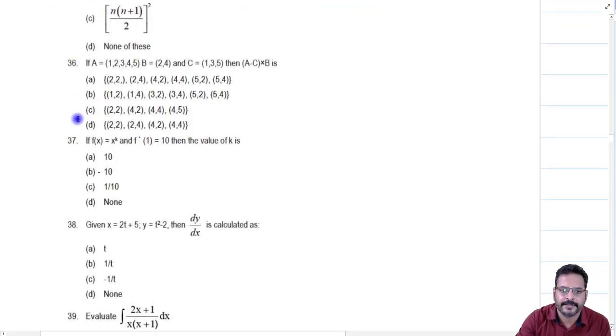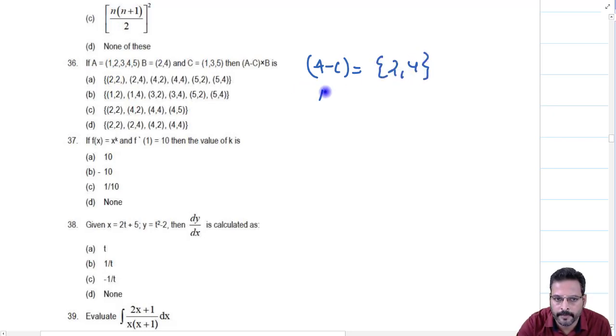Then A is given, B is given, C is given. We have to find out A minus C. Okay. A minus C means terms which are in A but not in C. Then A has 1, 2, 3, 4, 5. C contains 1, 3, 5. That means 2 and 4. B is given as 2 and 4.